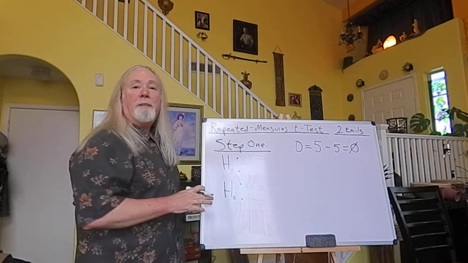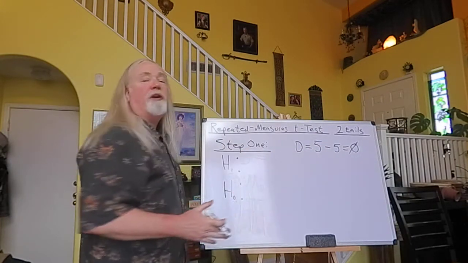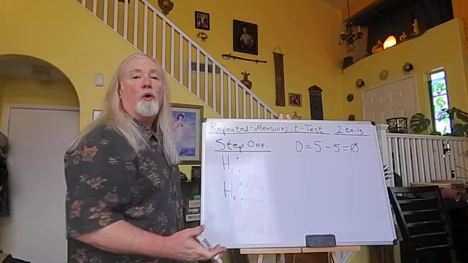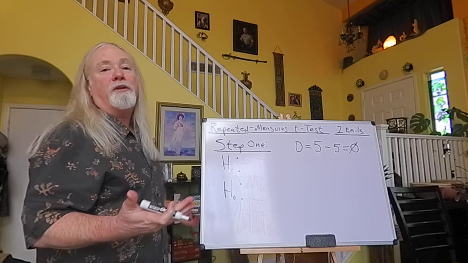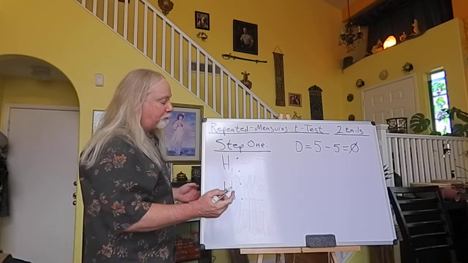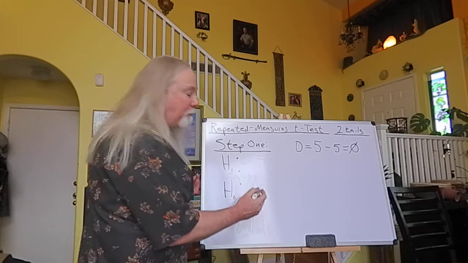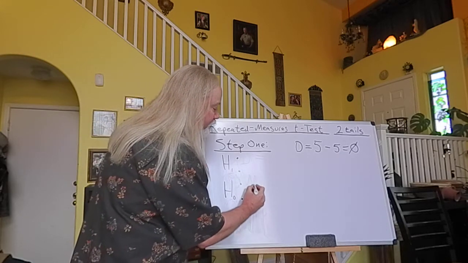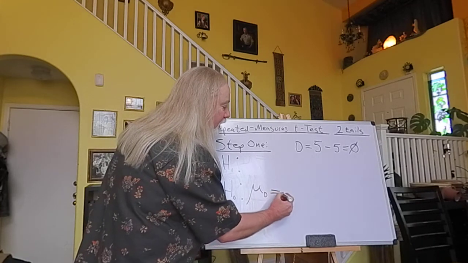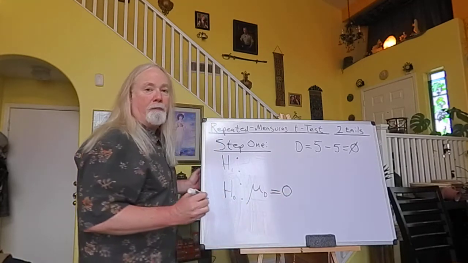And so the null hypothesis is saying that's going to be true for everybody. So when we average these difference scores, 0 plus 0 plus 0 plus 0 plus 0 divided by however many is going to equal 0. So the null hypothesis is that the treated population mean of difference scores will equal 0.